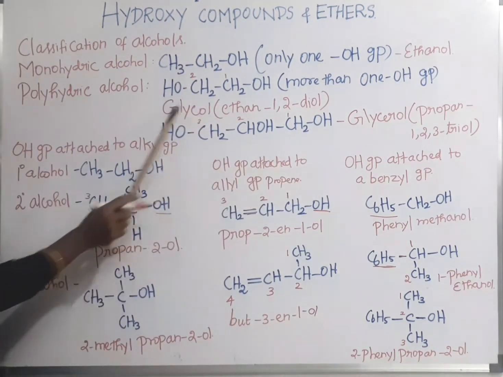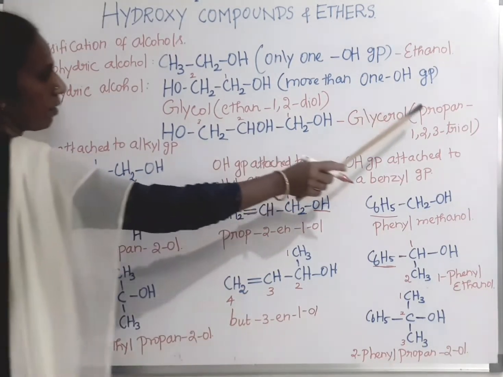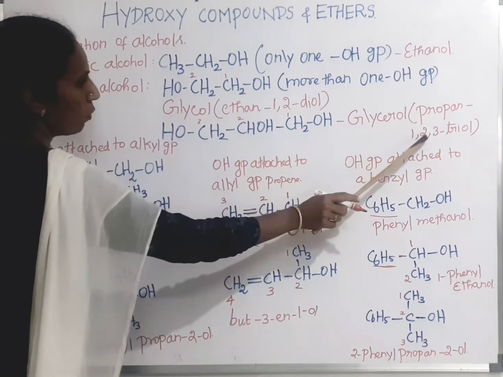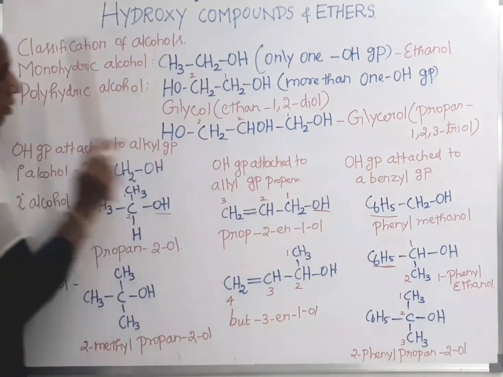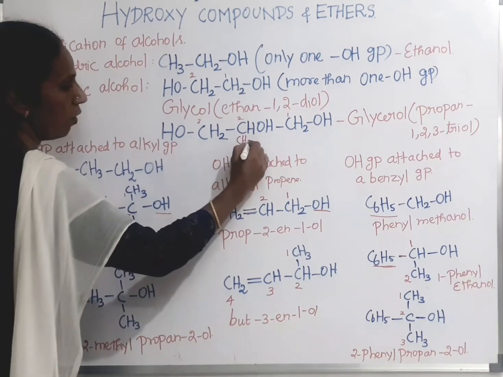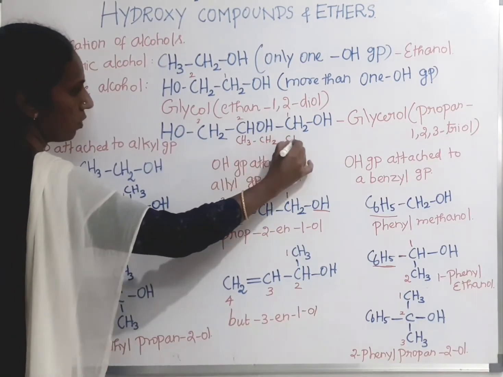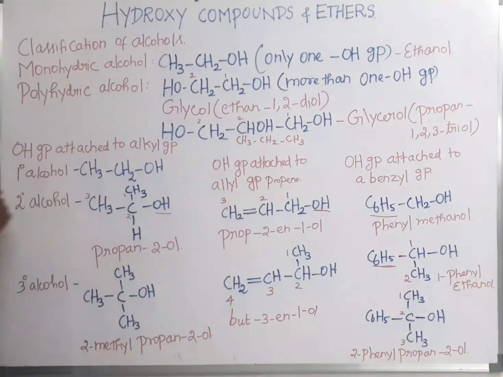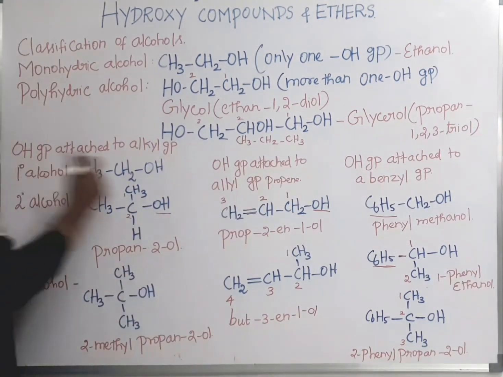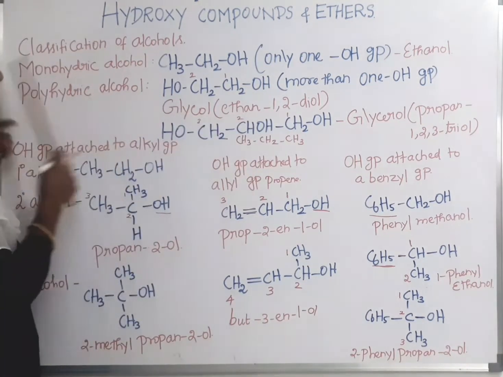Another example for polyhydric alcohol is glycerol. Glycerol is otherwise called propane-1,2,3-triol. First we will see the formula for propane, CH3CH2CH3. This is the first carbon, this is the second carbon, this is the third carbon.